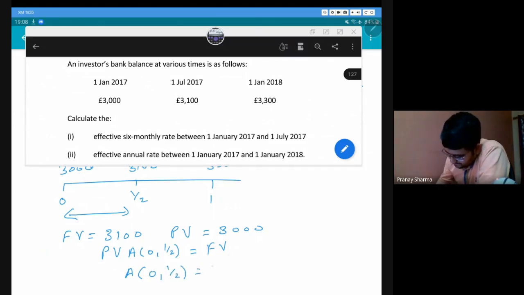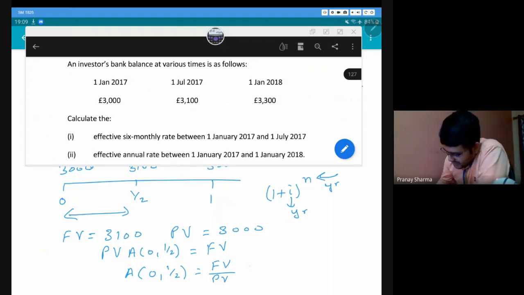So our accumulation factor becomes future value by present value. Now remember that we have 1 plus I raised to n as our compound interest. Here we said that we will write n in years, and that is why our I will be on a per annum basis.